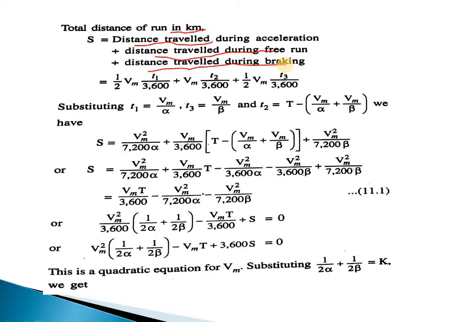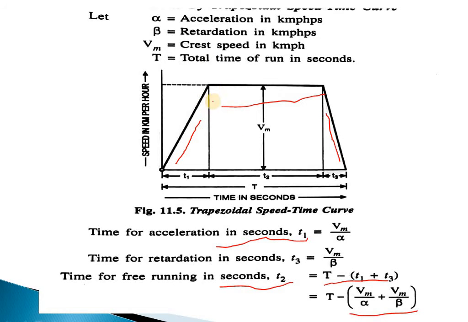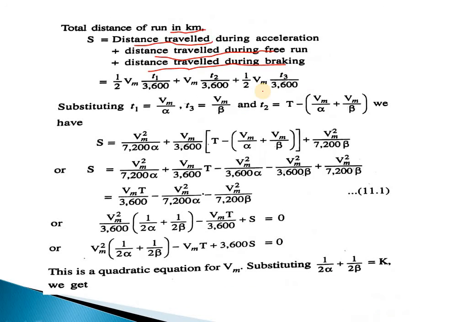Combining all these three distances, we get the total distance. From the first portion of the graph, you can see it looks like a right-angled triangle. The next portion looks like a rectangle, and the third part is also a right-angled triangle. Using the mathematical formulas for triangle and rectangle, we can calculate the distance very easily.